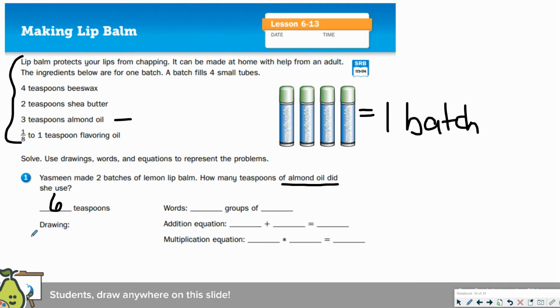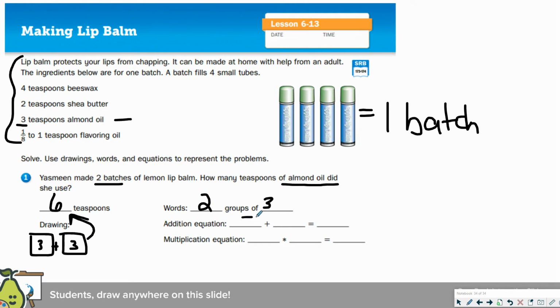And I could show you that in this batch, I could show you 3. And in this second batch, I can show you 3. And when I add them up, I get 6 teaspoons, okay? So in words, I would say I have 2 groups, because it's 2 batches, 2 groups of 3 teaspoons in this case.